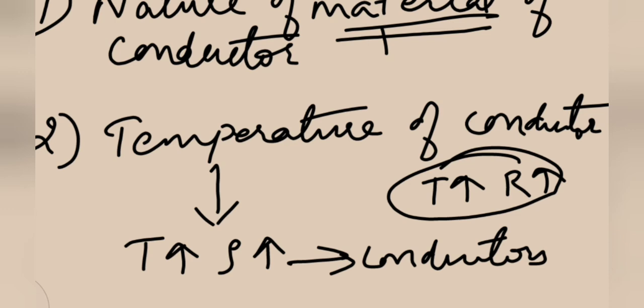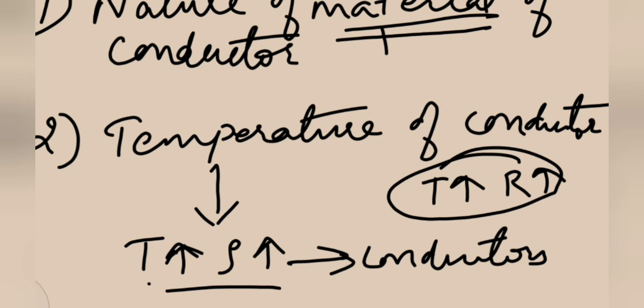There are certain exceptions. That is, in certain cases the temperature-resistivity relation is not linear. When temperature increases, I told you that resistivity will increase. This relationship, that is a direct relationship, is mainly for conductors.